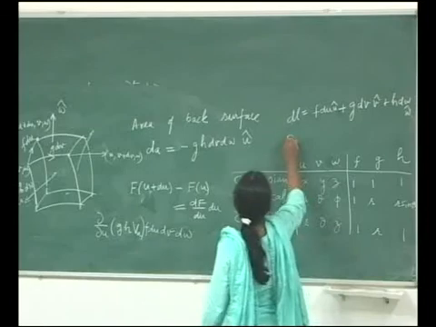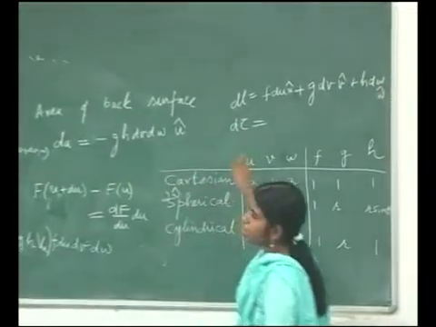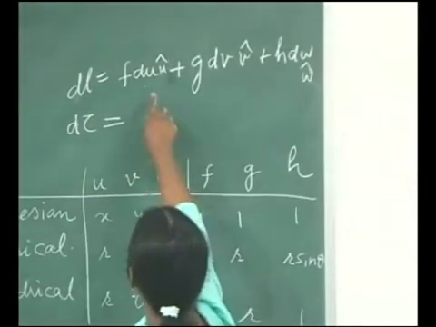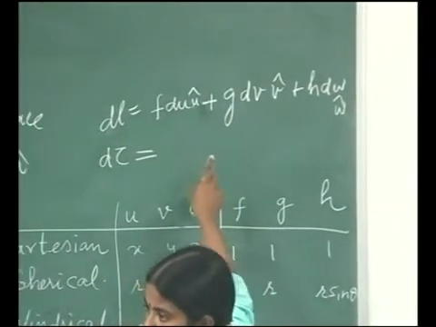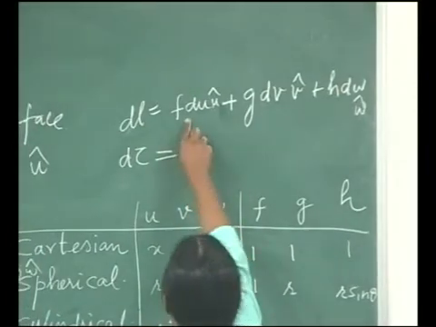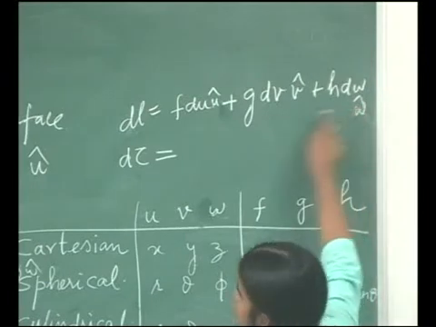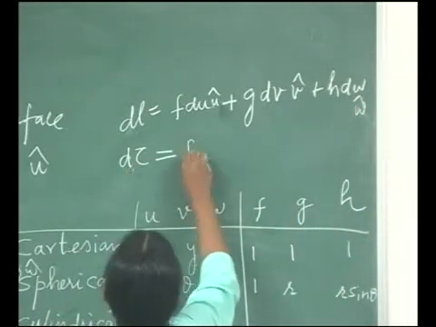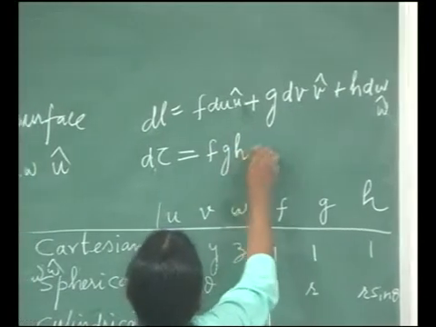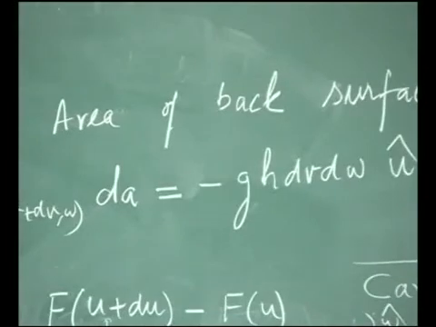So what would be the infinitesimal volume d tau? It would be f g h du dv dw, right? Because these are the components along UVW. So the infinitesimal volume d tau would be equal to FGH du dV dW.